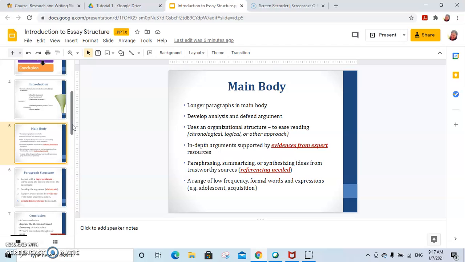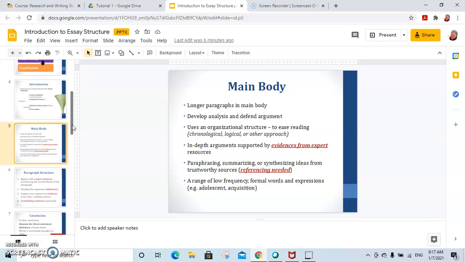The next part of an essay. Now, the main body comprises several body paragraphs. For your assessment 1, you're only required to produce 2 body paragraphs that discuss reasons to support your stance.